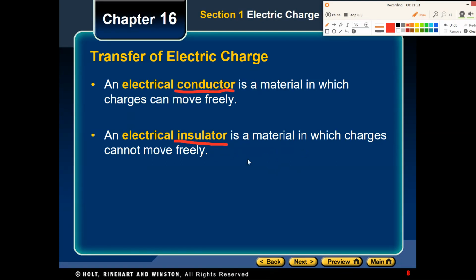They won't conduct electricity or heat, so they're called insulators. Within an insulator, charges cannot move freely, but in a conductor like metal, charges can move freely, so they can conduct electricity.